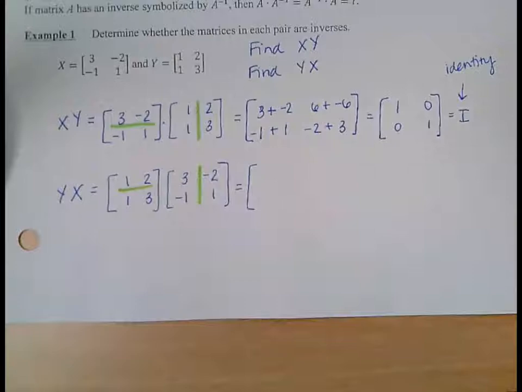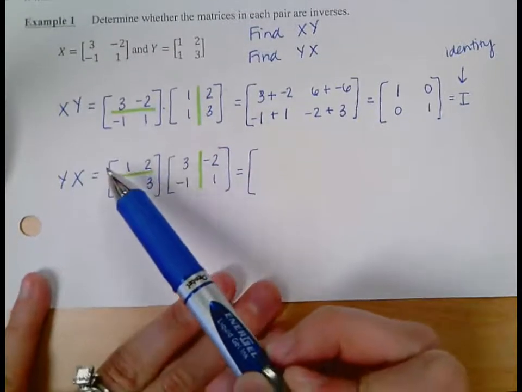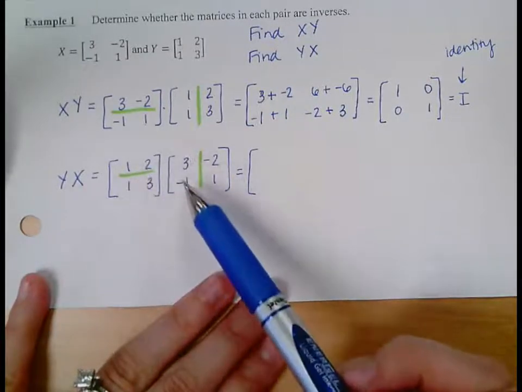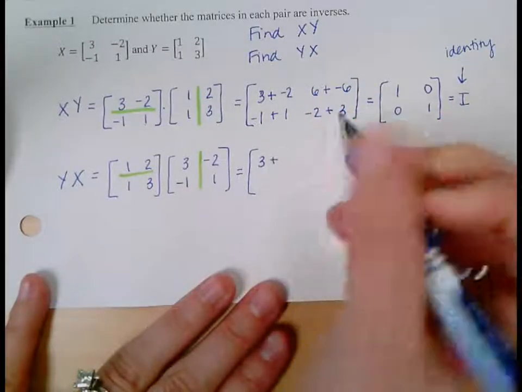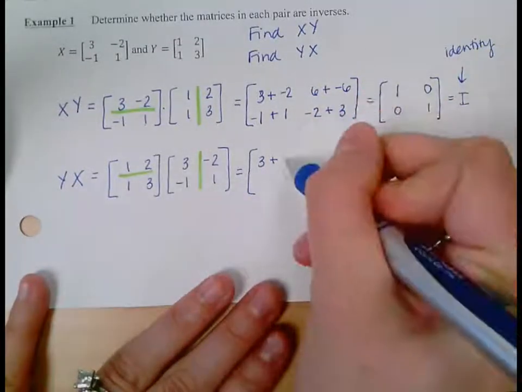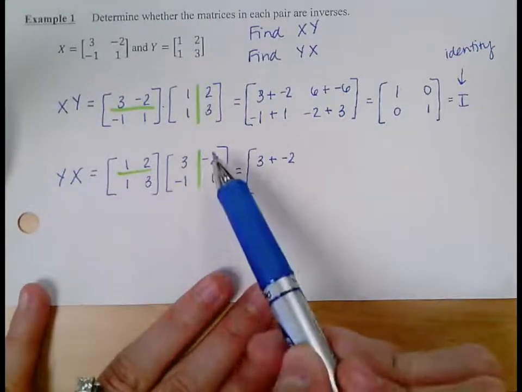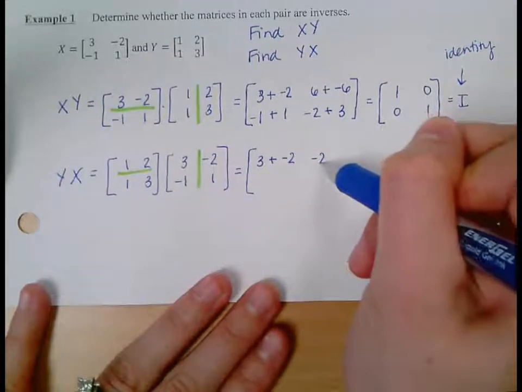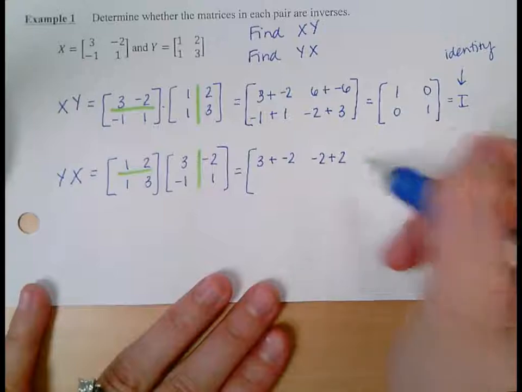Multiply rows by columns. So now when I multiply, in this case, row 1 in y by column 1 in x, I get 1 times 3 is 3, plus 2 times negative 1 is negative 2. And then row 1 by column 2 will be 1 times negative 2 is negative 2, plus 2 times 1 is 2.